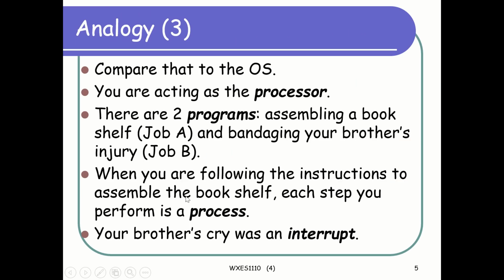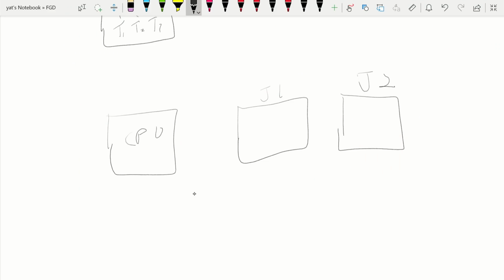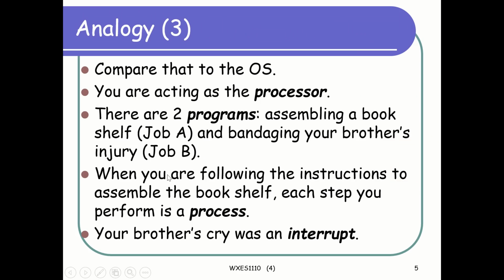When you are following the instructions to assemble the bookshelf, each step performed is a process. So job 1 is the bookshelf assembly, and job 2 is your brother's injury.